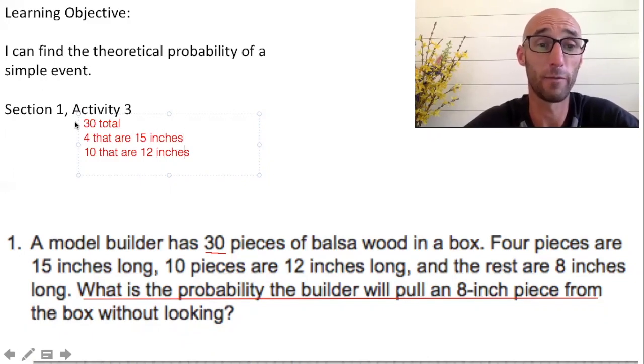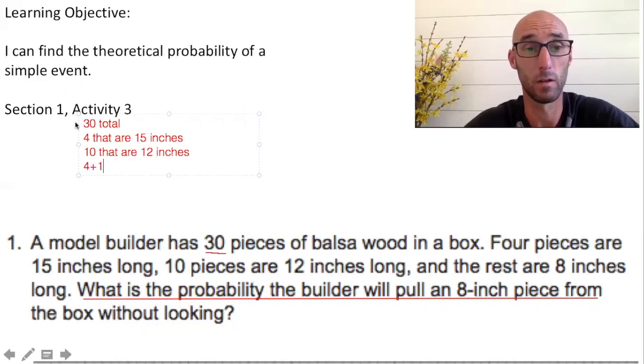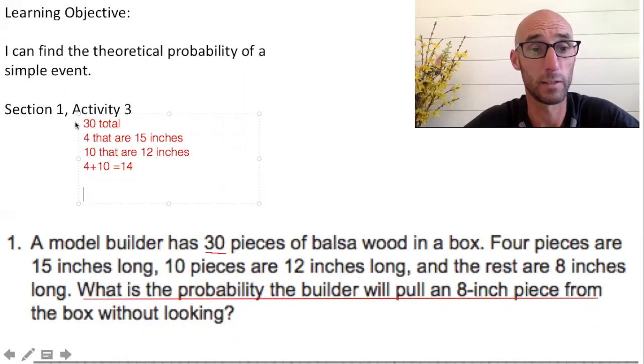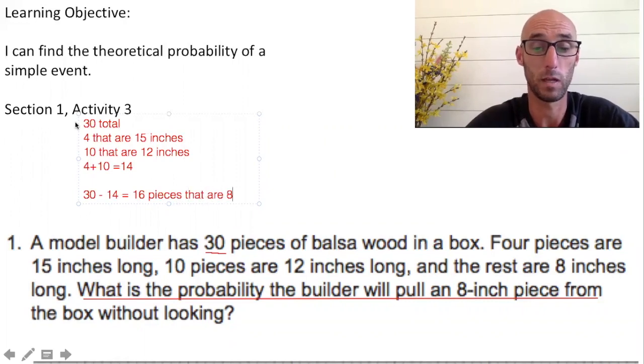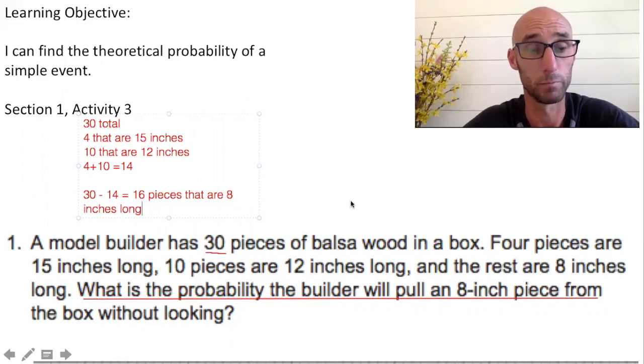And when we add 4 plus 10, that equals 14. And if we say 30 minus 14, that gives us 16 pieces that are 8 inches long. So we have to know that first.